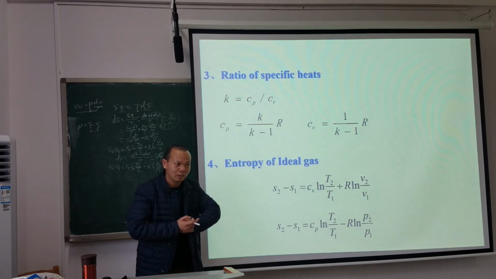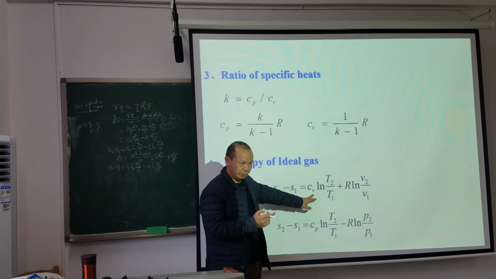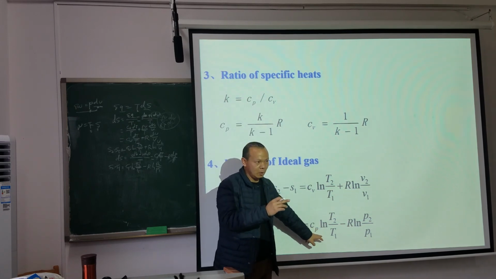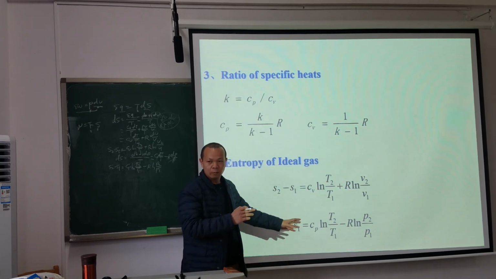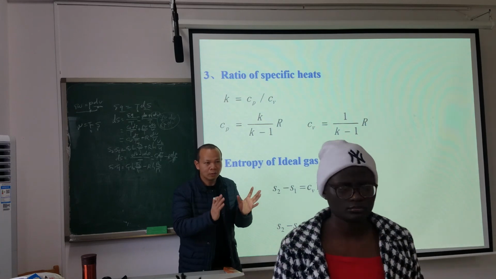Then if we calculate, no matter whether it is a constant volume or a constant pressure process, the result is S2 minus S1. It must be the same. Do you agree with that?